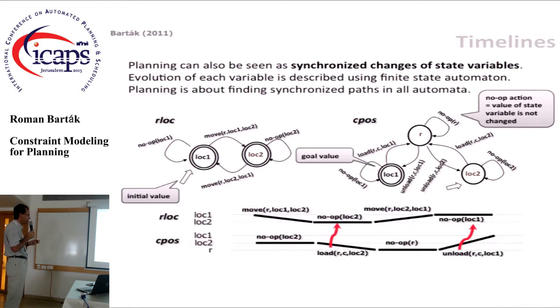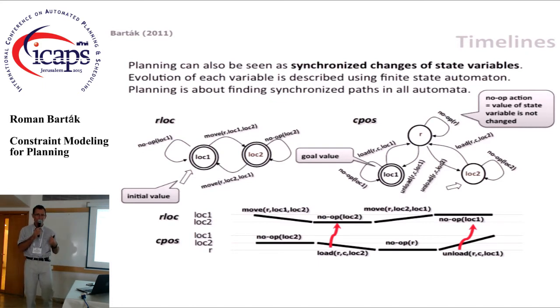So what I mean is that for each state variable, we will be looking for a path. This is a description of how we are changing values of the state variable from location 1 to location 2 by this action. And we need this synchronization, which basically says, if I'm doing loading at the C position, then the robot should not move.